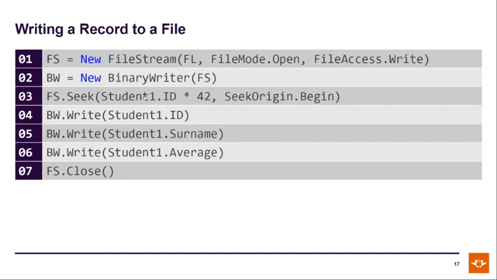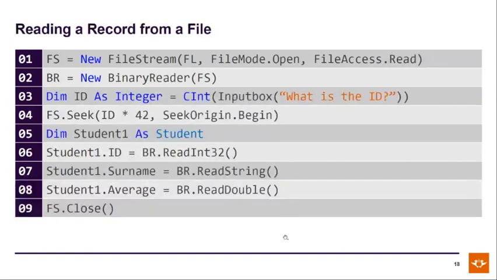But the beauty is that you can now go and search for that item. So if you want to find a student, instead of having to read everything out, you can go and find that student by giving it an ID, searching from the beginning of the file, and then it will jump to that location and read that specific information for you.